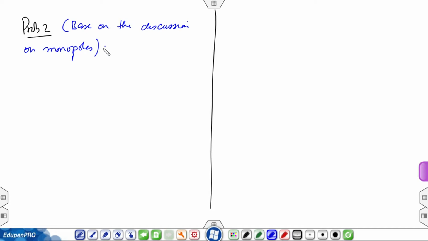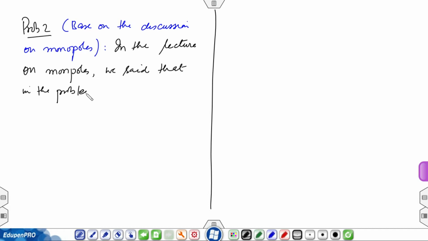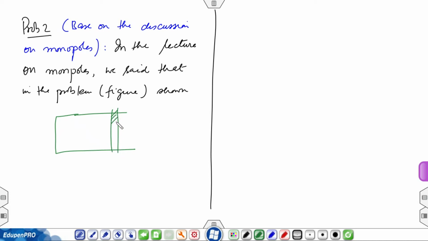So, the question I am asking is, in the lecture on monopoles, we said that in the problem figure shown, and that is this figure, where I had a U-shaped magnetic charge conductor and a rod with E field coming out of the page and the rod being pulled with speed v as shown.